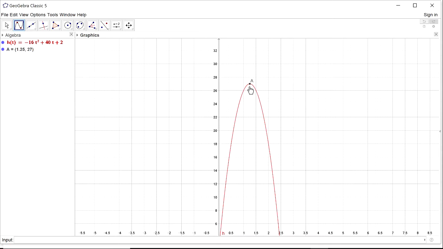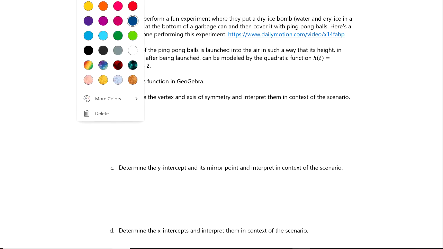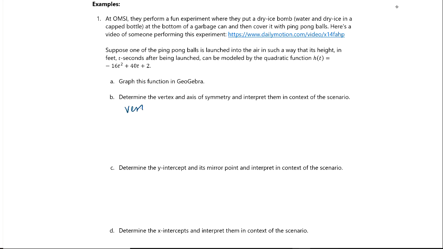What this shows is the highest point, which will be our vertex. On the side, we can find the coordinates of the vertex, which is 1.25, 27. I'm going to record that in the worksheet. So the vertex is 1.25, 27.